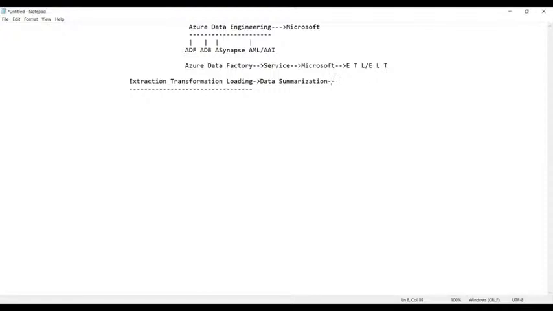The next process after extraction is loading, not transformation. Extract and load first, then transform later.